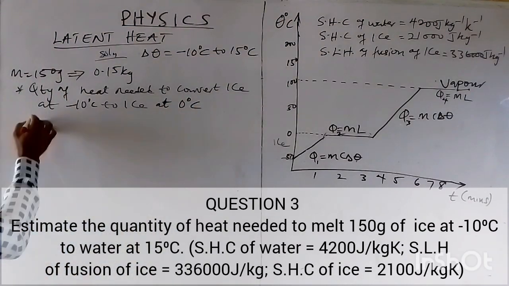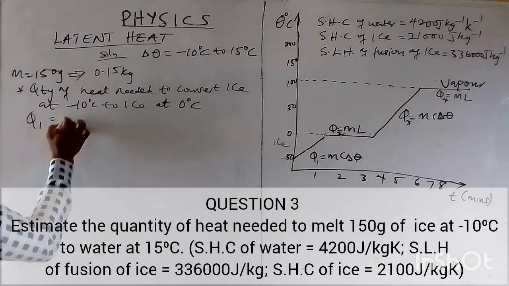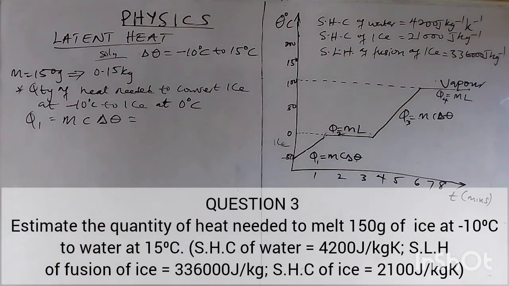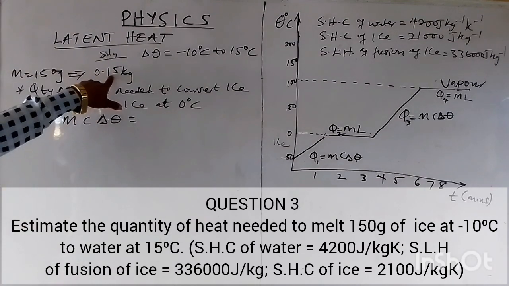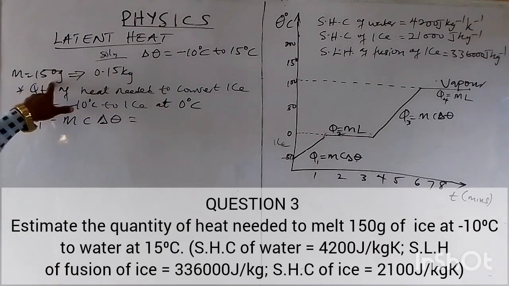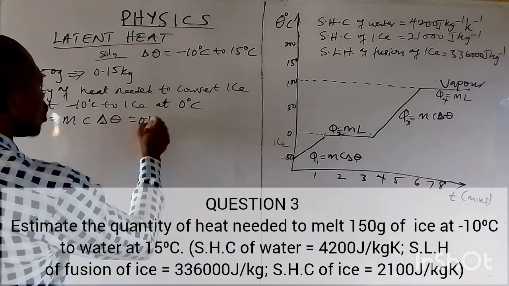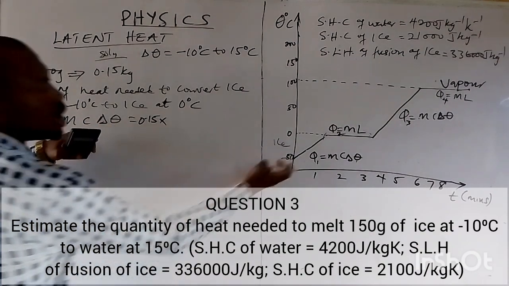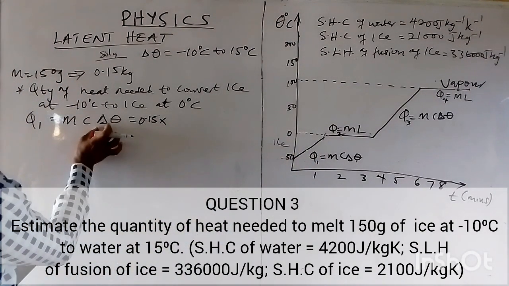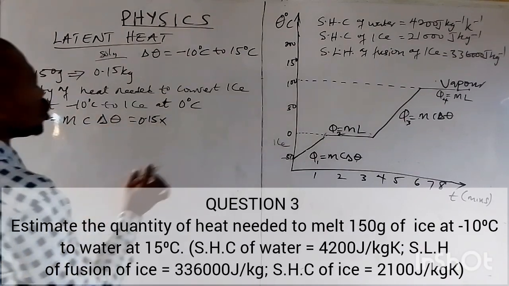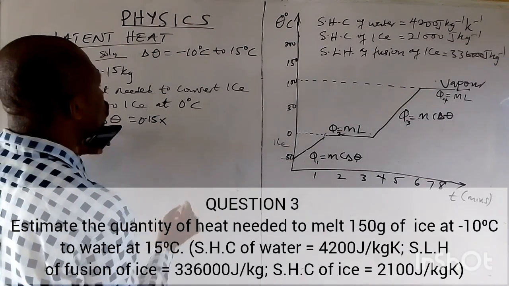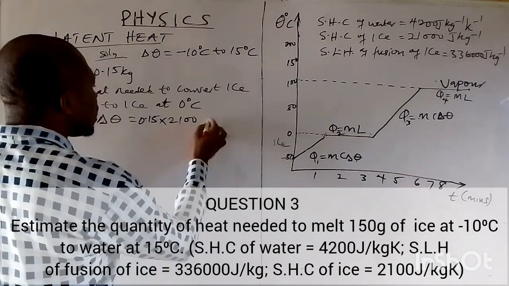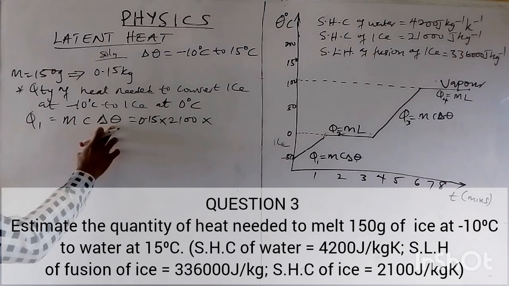That will give us Q1. Q1 is mc delta theta, so we have our converted mass, 0.15, times specific heat capacity, because it is still ice, the specific heat capacity of ice, 2,100, times temperature change.